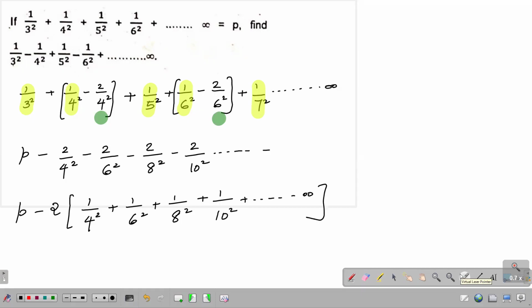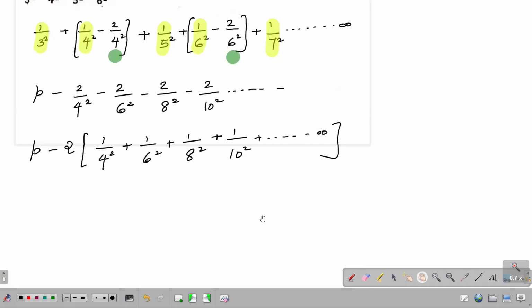Why am I doing all these things? Because I am given only this input, it is equal to P. So in terms of that 1 by 3 square, 1 by 4 square, 1 by 5 square, 1 by 6 square, etc., I am trying to do something. Got it? Now see this further.